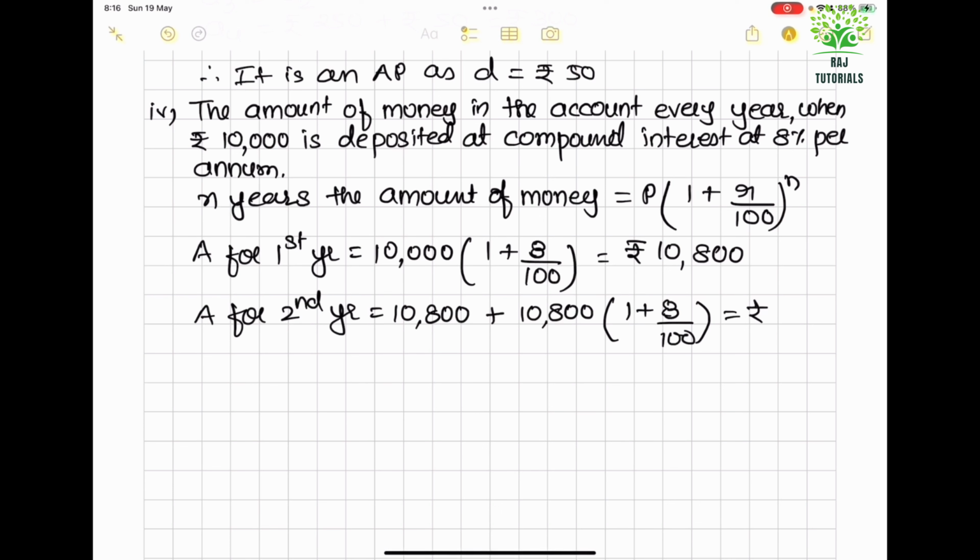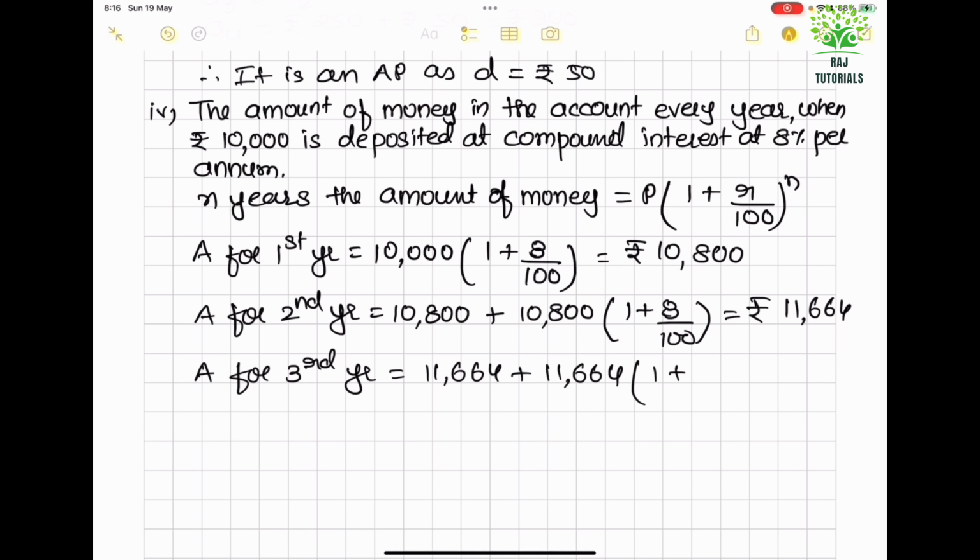So that is coming to 11664. Then amount for third year is 11664 plus 11664 into 1 plus 8 upon 100.